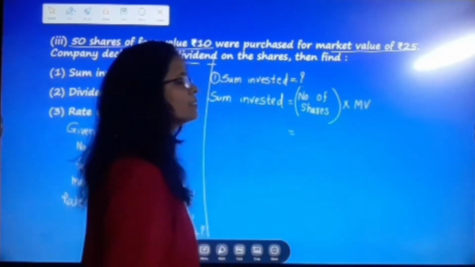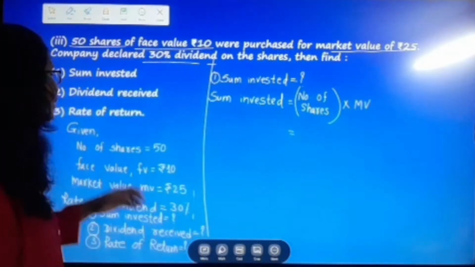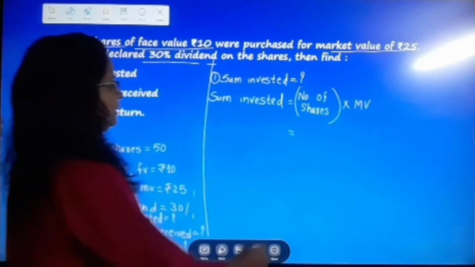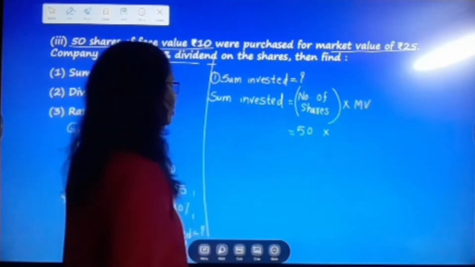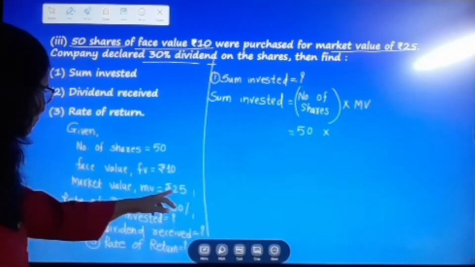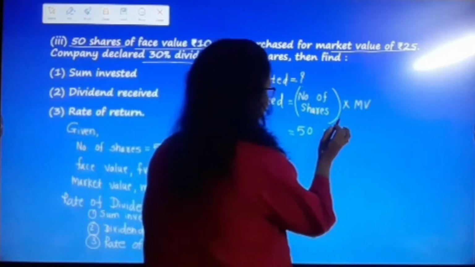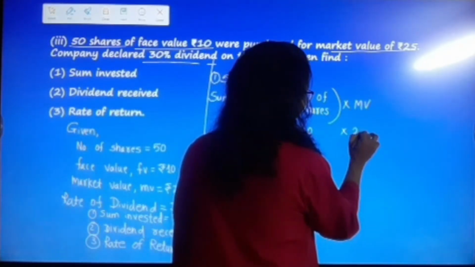The number of shares are 50 and the market value is rupees 25.